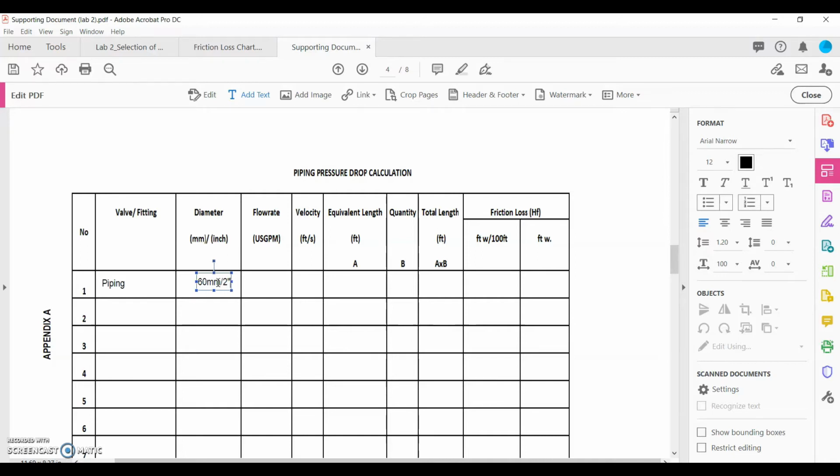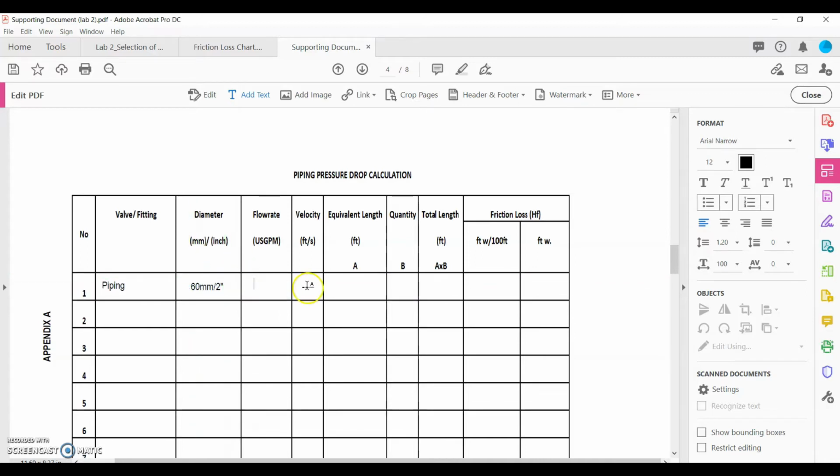Then the flow rate in US GPM, US gallon per minute, is the flow rate of the condenser water. You can get it from the lab sheet.